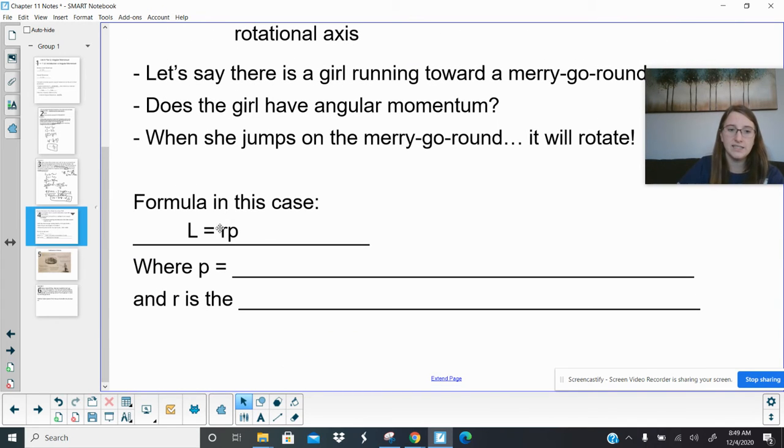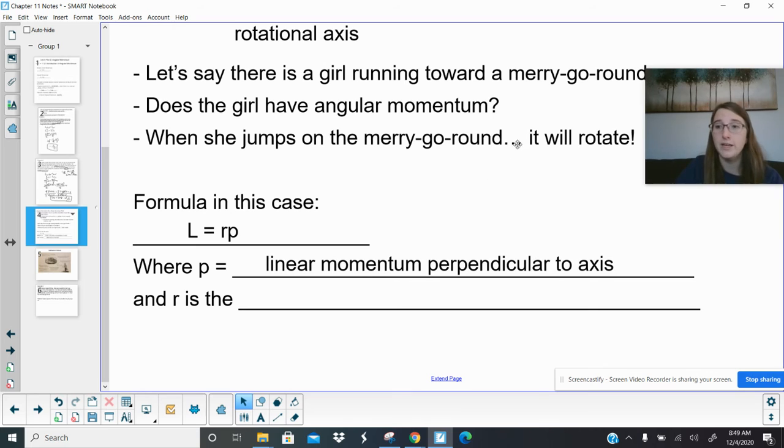So in this case, this is her angular momentum. This is specifically the formula for when we are looking at an object traveling in a straight line. Her angular momentum is R times P, where we know what P is. P is the linear momentum. However, it has to be the momentum perpendicular to the axis.